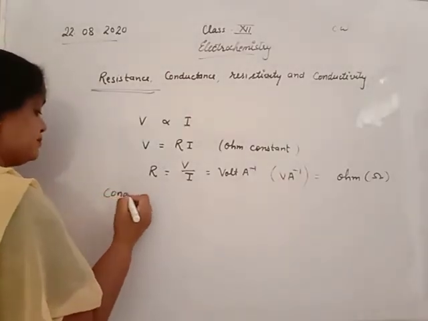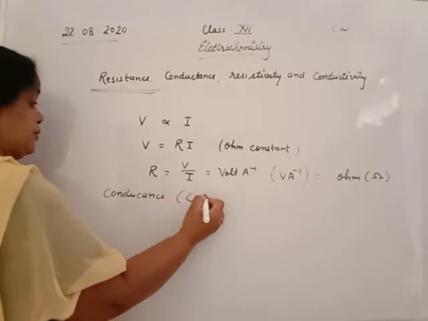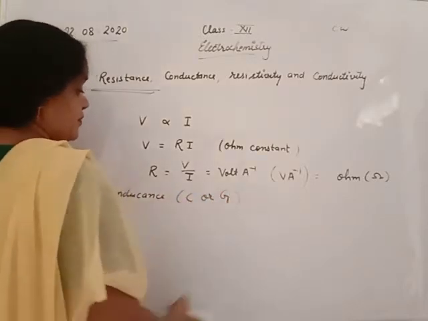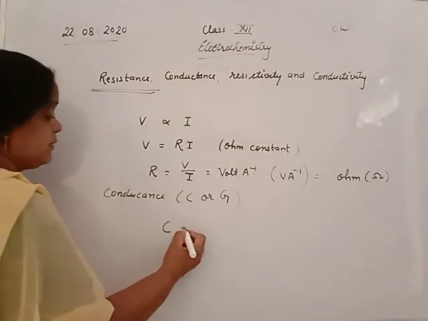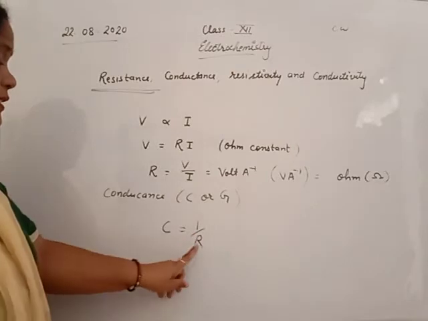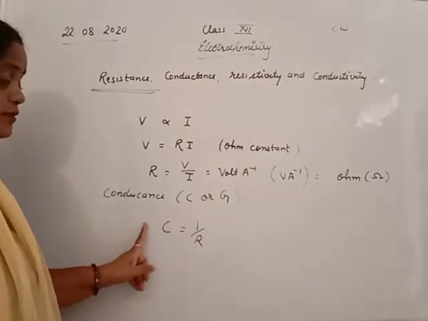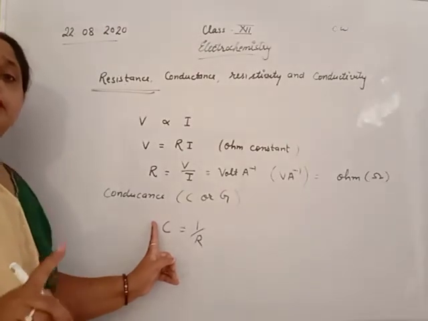Conductance. Conductance may be represented by C or G. It is reciprocal, not inversely proportional. It is the reciprocal of resistance. It is confirmed that if resistance increases, conductance decreases, or resistance decreases, conductance increases, but not in a particular ratio.